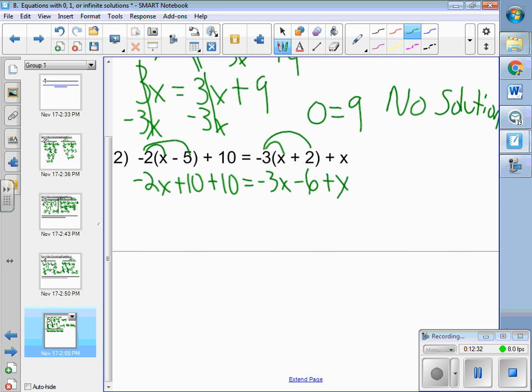All right, now let's combine some like terms. So 10 and 10 can go together on this side. So we're going to have negative 2x plus 20 equals, and negative 3x and x can go together on this side. So it's negative 3 plus 1x essentially, which is going to leave us with negative 2x minus 6.